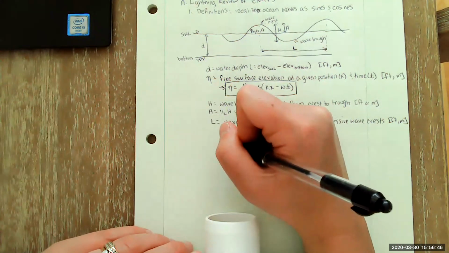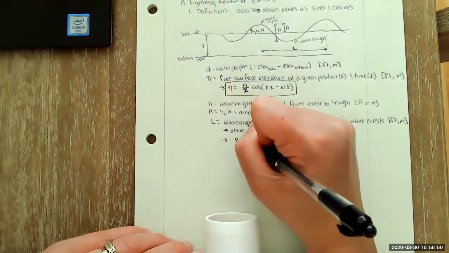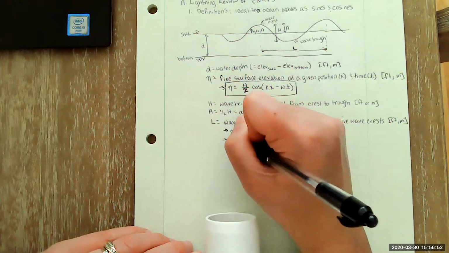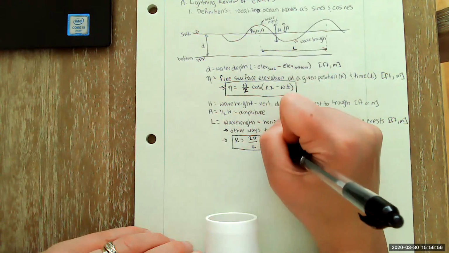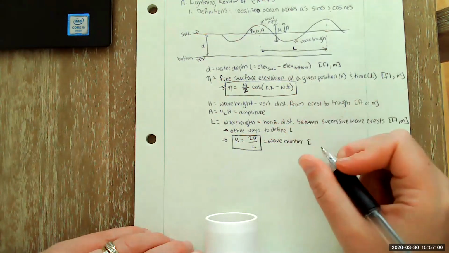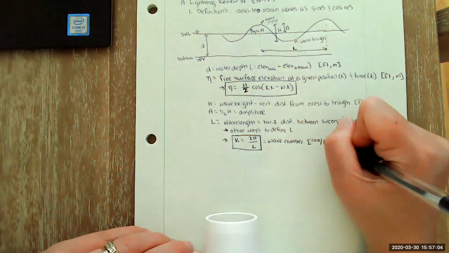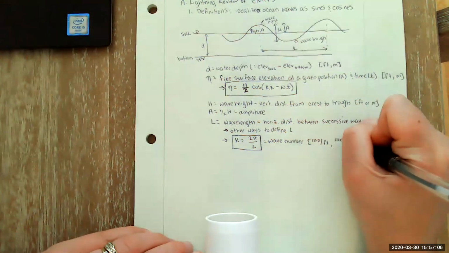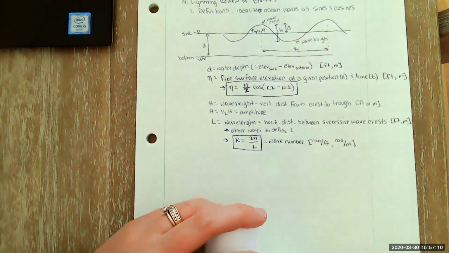Importantly though, once you know L, you can calculate your wave number, k, which is equal to 2 pi over L. This is equal to your wave number. And the units of this are in radians per foot and radians per meter, depending on English or SI units.